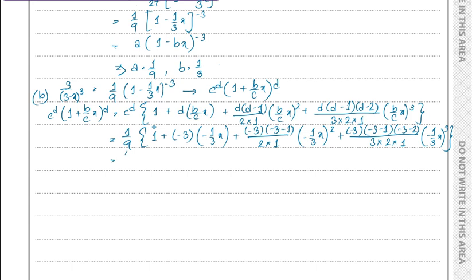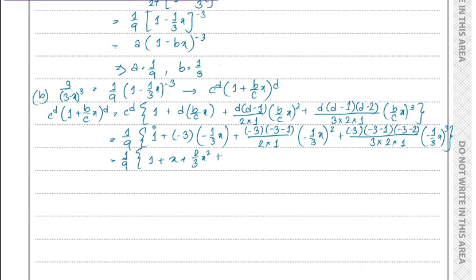So this will be 1 by 9 here, and this will turn out to be 1 plus minus 3 multiplied by minus 1 by 3x would be just x, plus if you put all this, minus 3 multiplied by minus 4 divided by 2 multiplied by minus 1 by 3x whole square, then this will turn out to be plus 2 by 3x square.